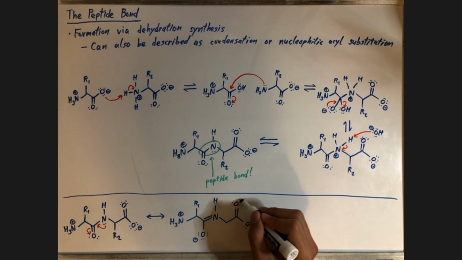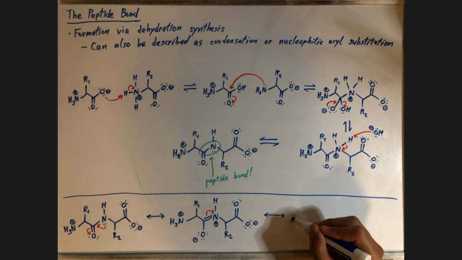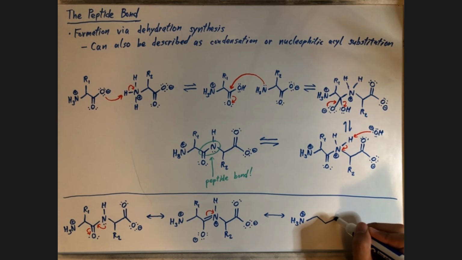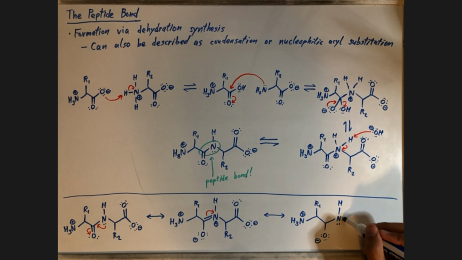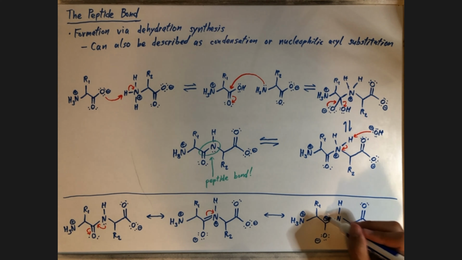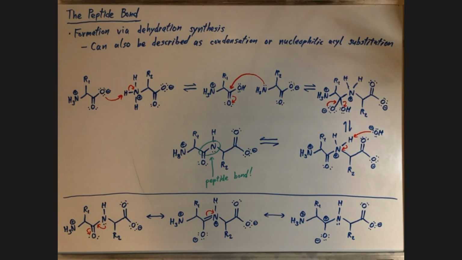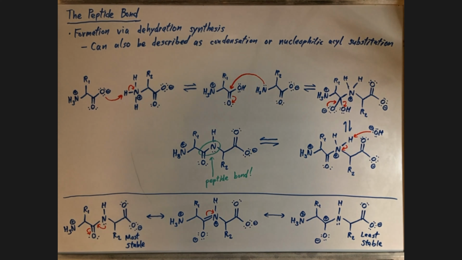We can also have these electrons go back to the nitrogen, and we'll get this resonance structure. Now, this last resonance structure we drew is actually the least stable of the three, and the most stable would be the one we started with.